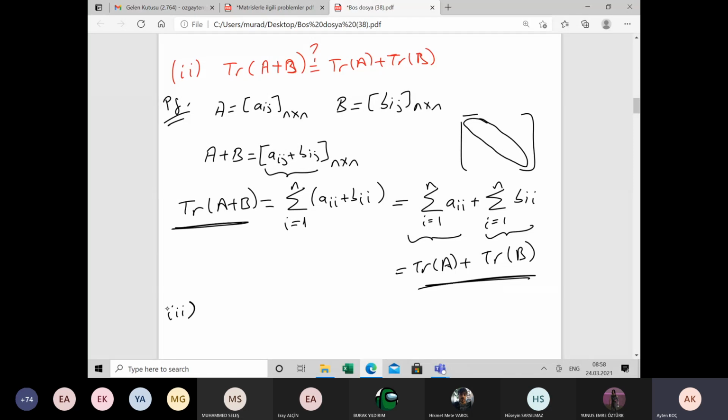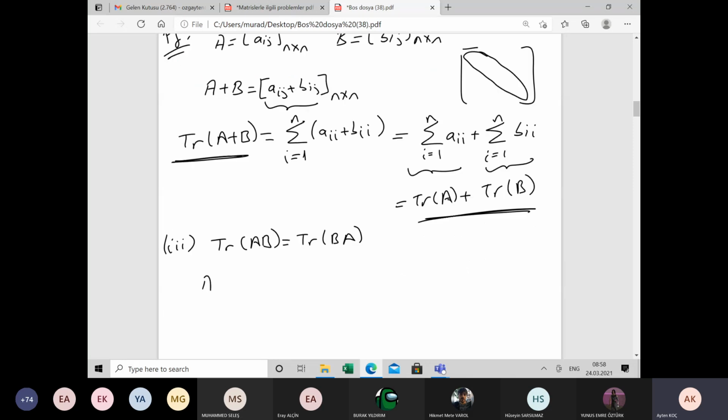So the next one: show that the trace of AB is equal to the trace of BA. And here, we know that multiplication is not commutative. If multiplication were commutative, meaning AB equals BA, then it would be easy to see, and we could take this right here and obtain the result.